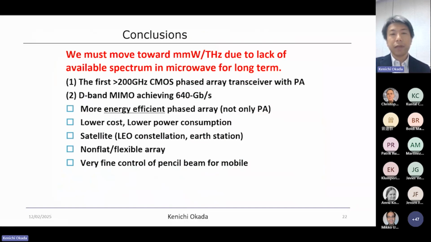But in terms of technology, CMOS is capable of this kind of millimeter wave and D-band and sub-THz communication. But further energy efficiency improvement, lowering the power consumption and lowering the fabrication cost is still important. But it's almost ready for mass production, I think.